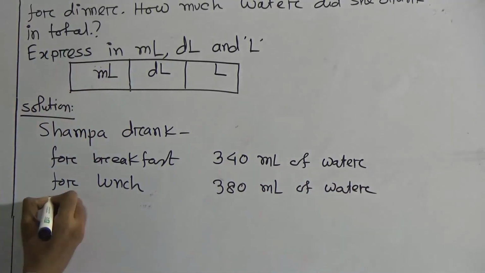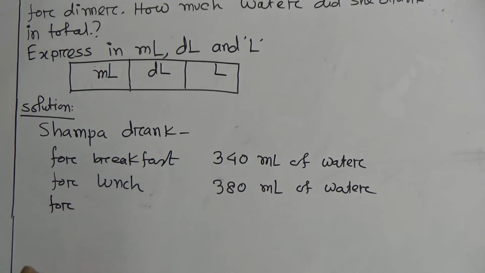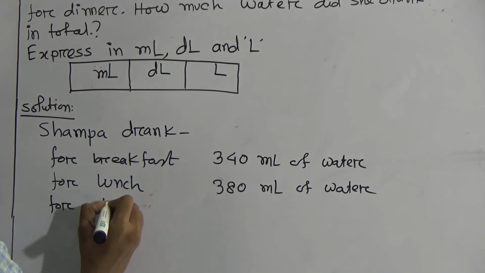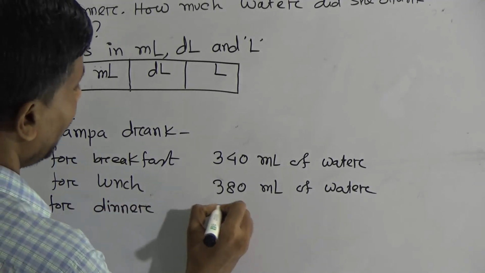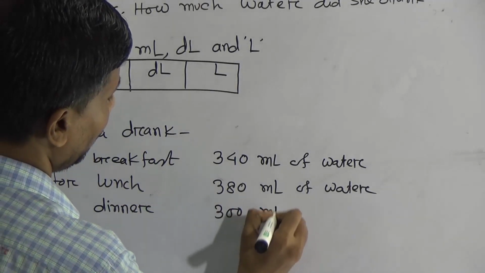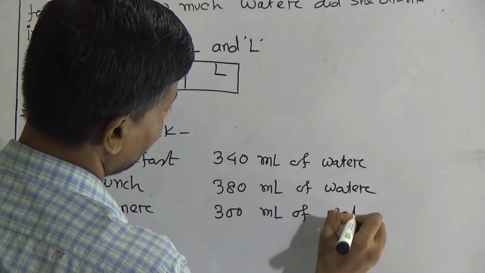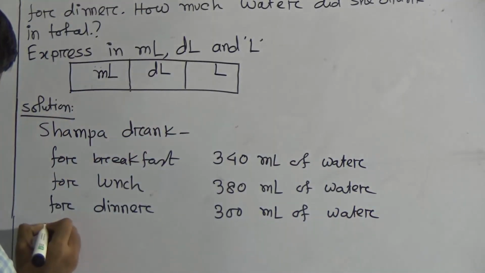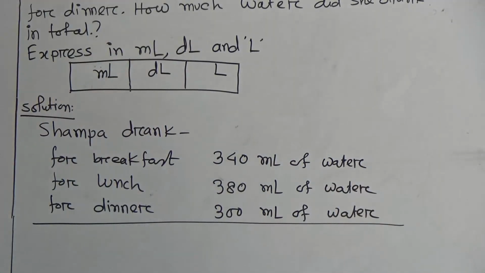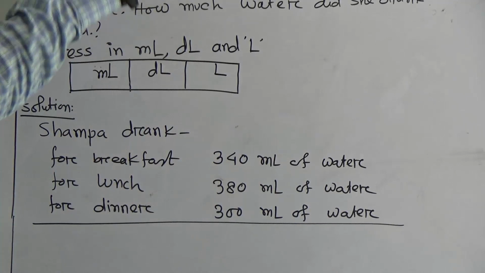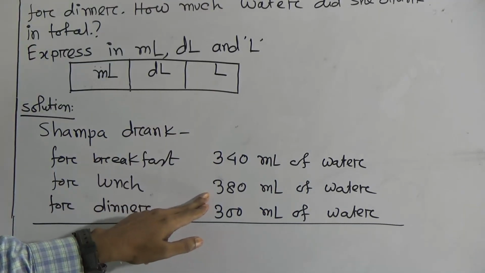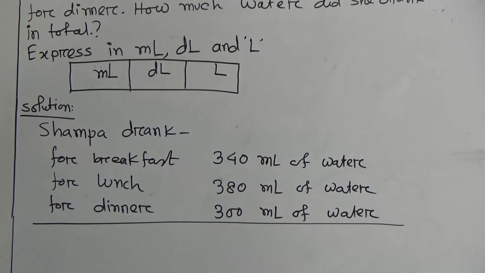And for dinner, 300 milliliter of water. Student, look, Shampa drank for breakfast 340 milliliter of water, for lunch 380 milliliter of water, and for dinner 300 milliliter of water.